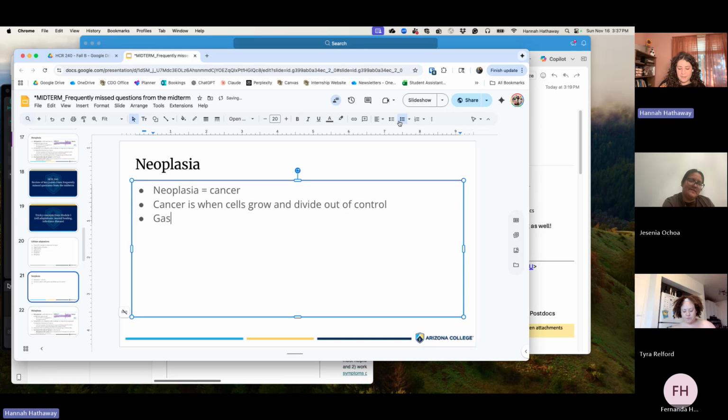I like to think of it as gas and brakes. A cell can step on the gas and go through the cell cycle more quickly. That would be something called an oncogene, which is beyond the scope of what we need to know for this class. Or you can have things called tumor suppressors. These are things that normally would stop a cell from dividing.